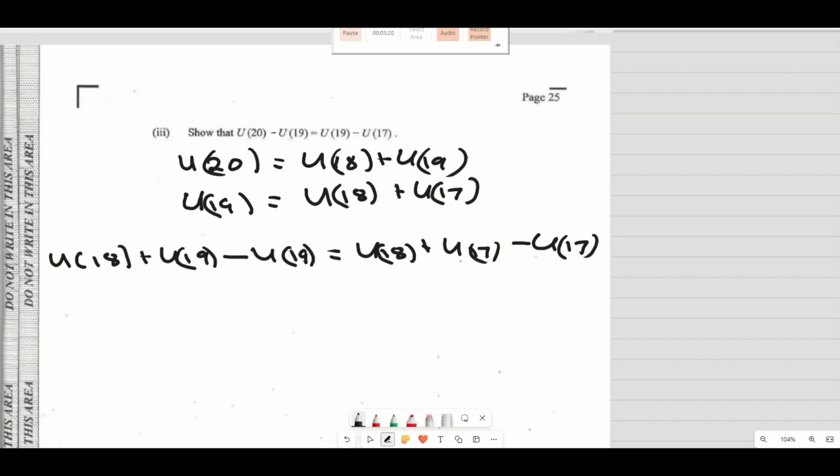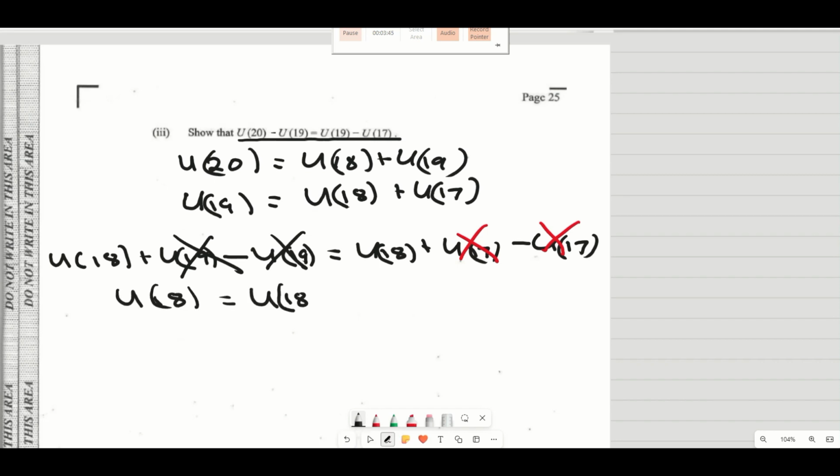So you put these values we know as u20 and we know as u19 in here. So we have u19 minus u19, whatever values it is, that will cancel out each other. Then we have u17 and minus u17. And what do we remain with? u18 is equal to u18.